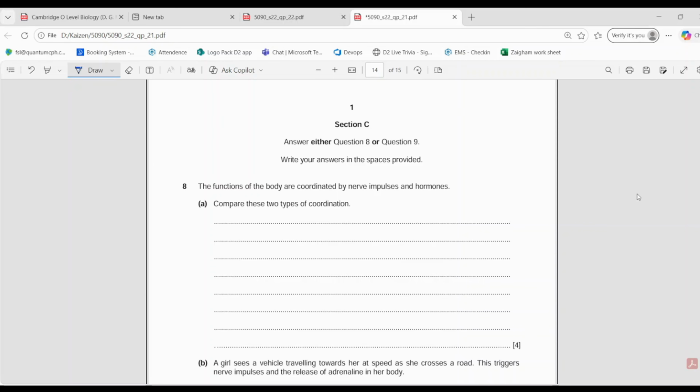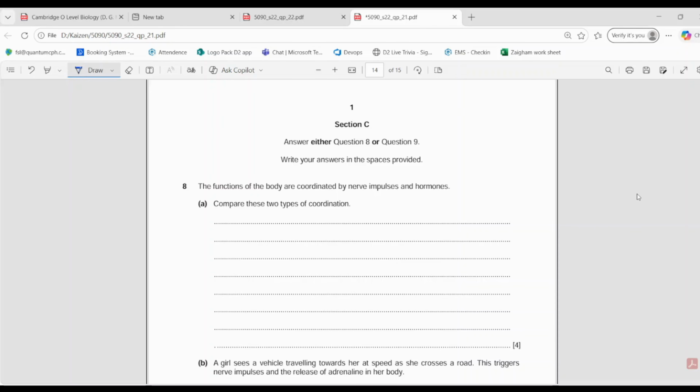Nerve impulses last for a shorter time while the hormonal ones stay for a longer time. And how about their action, like response? The nervous coordination gives a quick response while the other one is slow.